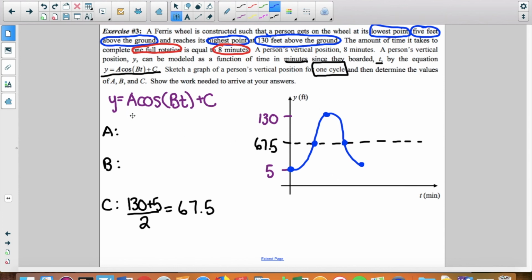That tells us that we are going to need to have a negative in front of the A. So I'm going to just mark that as a note here.